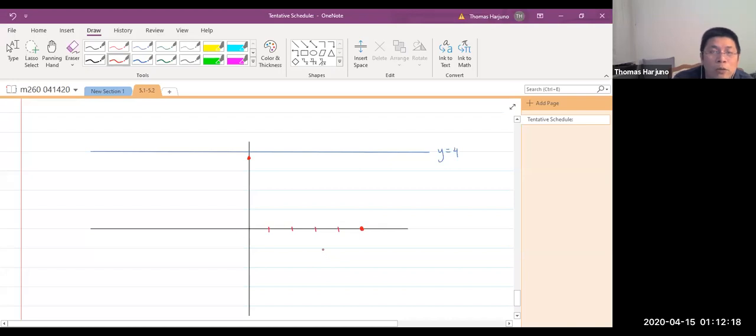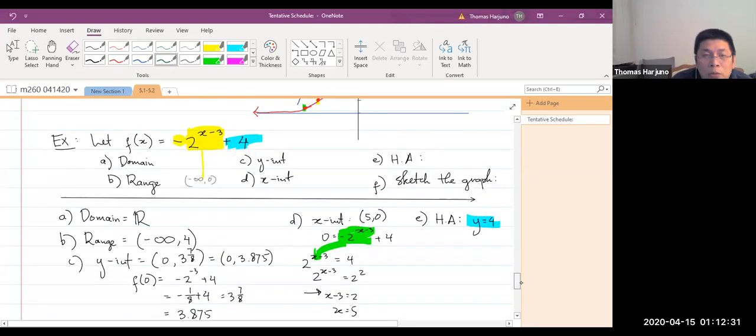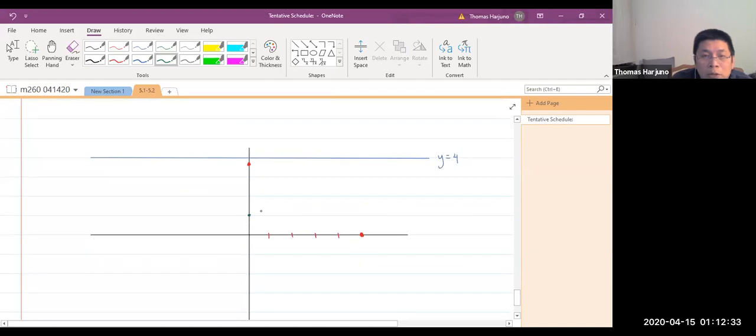No more. Okay, let's do the basic graph of 2 to the x. The y-intercept is here, right? And then according to the transformation, what do I do? 3 units to the right, and then I make it upside down, and then up 4. 1, 2, 3, 4.